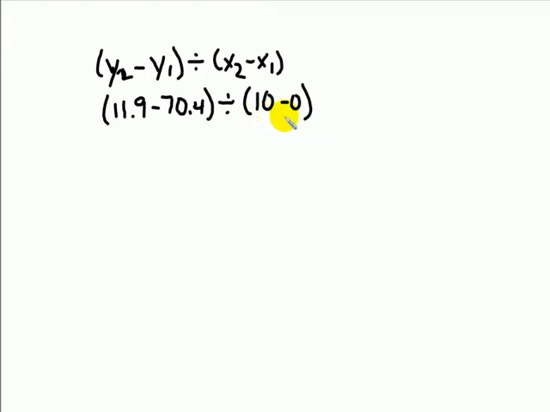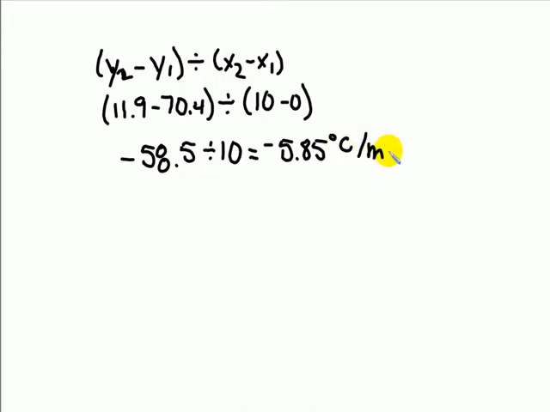I went for 10 minutes but started at 0. So then I do the math here, and this becomes negative 58.5 divided by 10 equals negative 5.85 degrees Celsius per minute.